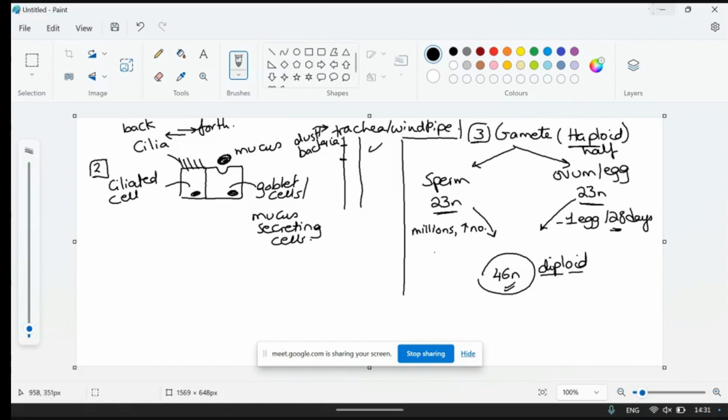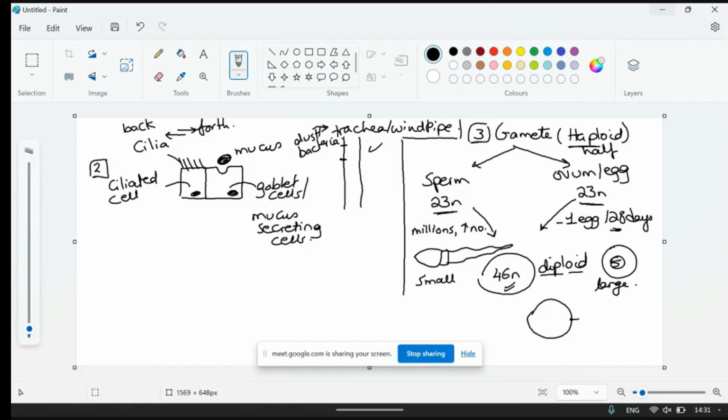About the size, this is how the sperm looks like. Its size is really small, while the size of the ovum cell is really large. So if I'm going to compare their sizes together, if this is the size of the ovum cell, this will be the size of the sperm cell. Fine.